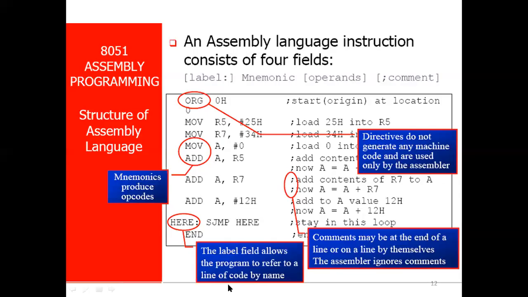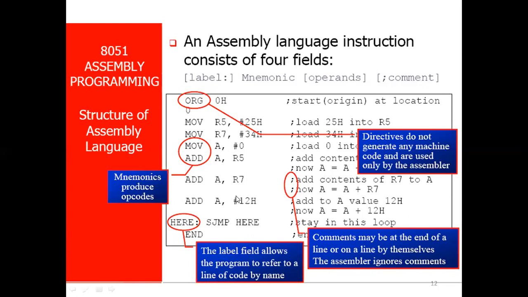Okay students, now I will summarize today's lecture, that is assembly language. I have already discussed that an assembly language instruction has 4 fields: label, mnemonic, operands, and comments, and directives also. Mnemonics produce the opcodes. Label gives the name to a line of the program.